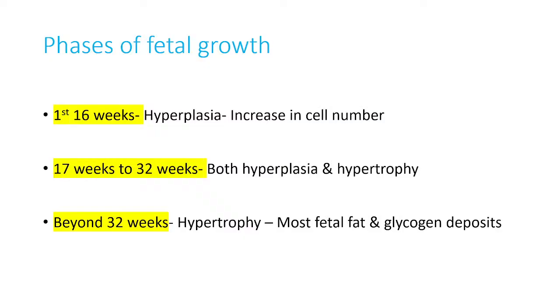Fat and glycogen deposition occurs, weight of the fetus increases, and fetal cells increase in size. These are the patterns in which fetal growth usually occurs. So, if there is an insult or any problem in the first part of the pregnancy, the number of cells will decrease and fetal growth restriction will be more pronounced.